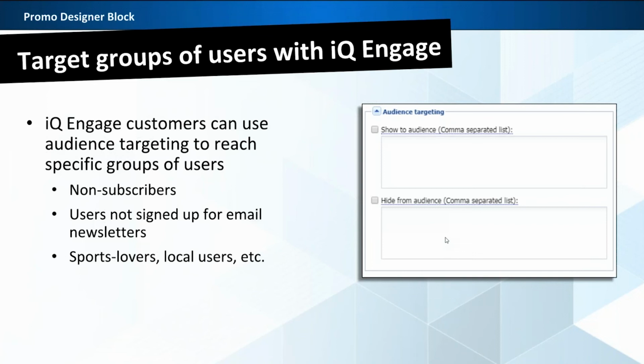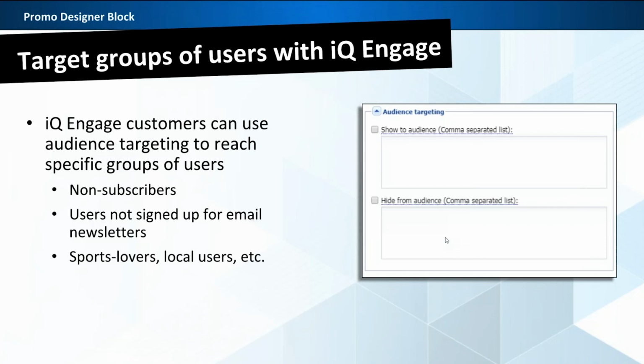For one thing, you might not want them to know about the reduced price. And for another thing, you might not want them to be bothered by seeing pop-ups in general that don't apply to them. So this is a really great way for you to target specific groups of users with these promotional messages.